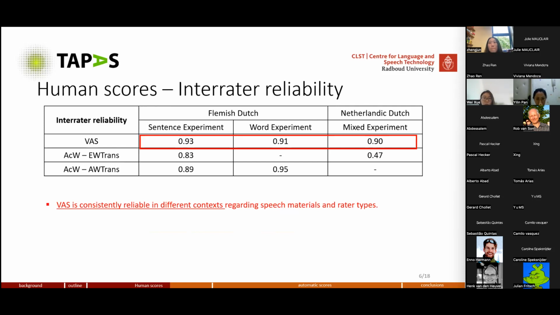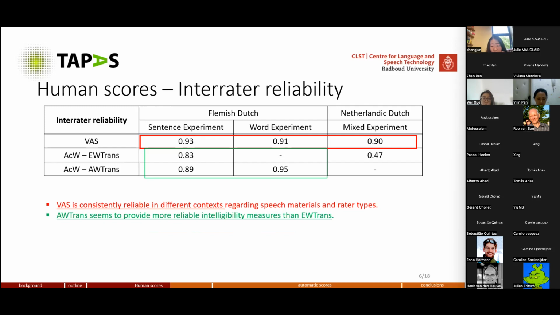For the accuracy of words extracted from the orthographic transcription, the reliability values in the new AW trans are much higher than the ones in the EW trans, especially when the raters are familiar with the speech material and in the sentence experiment. So these results suggest that AW trans seems to provide more reliable intelligibility measures than EW trans.